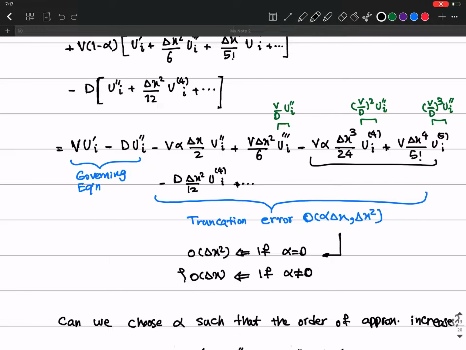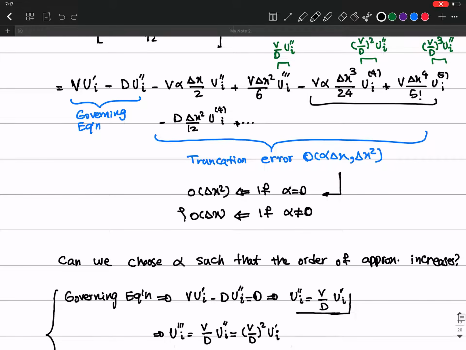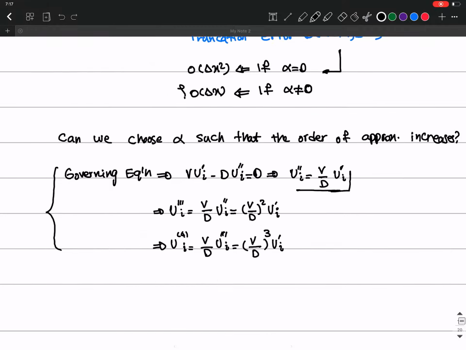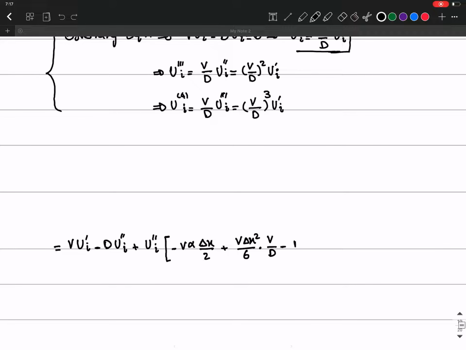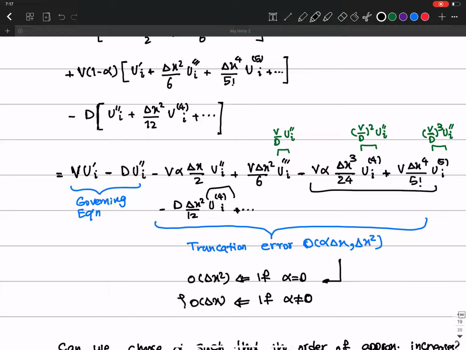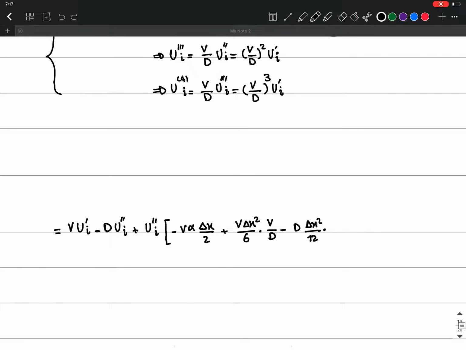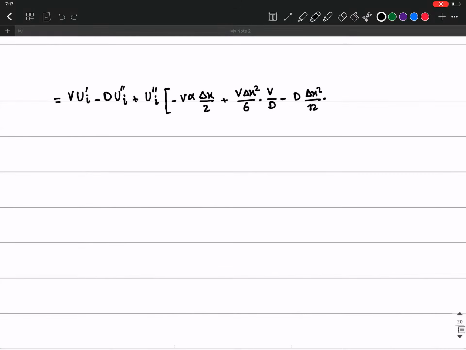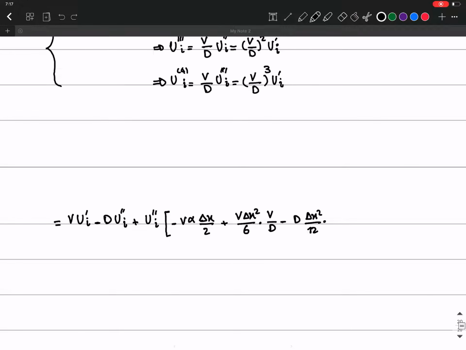So I will have d times delta x squared over 12, so it's going to be minus d delta x squared over 12 times v over d squared times u double prime, which is here.